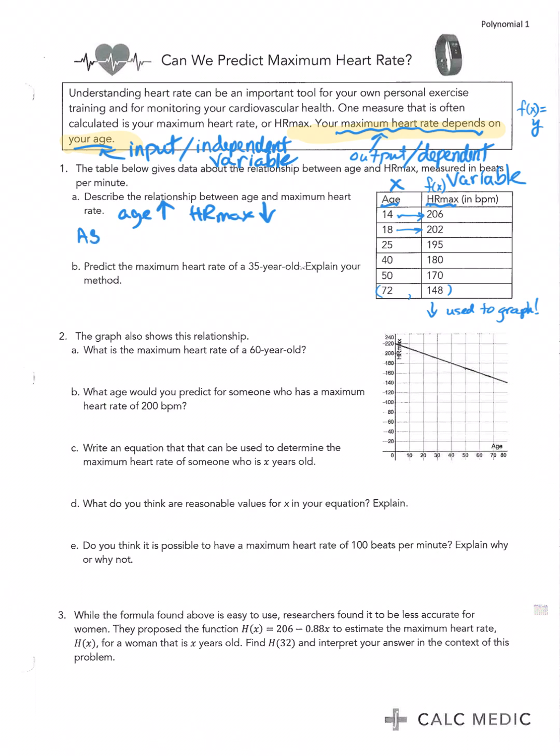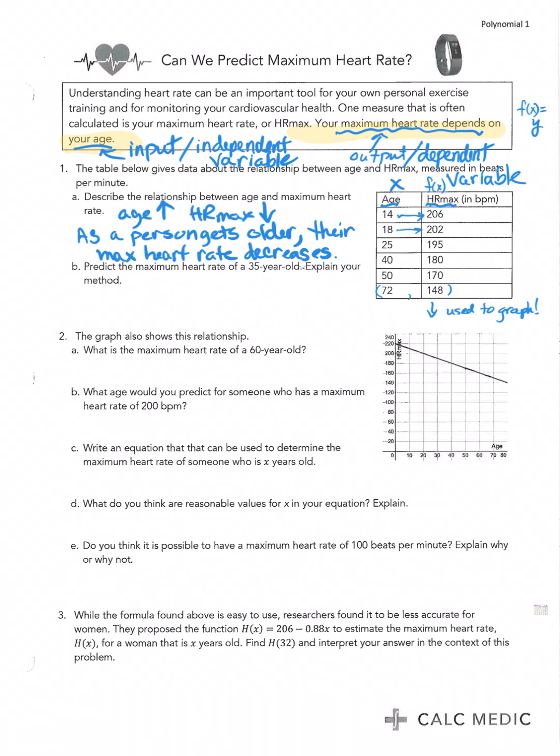As a person gets older, their max heart rate decreases. I like decreases. Good math word.